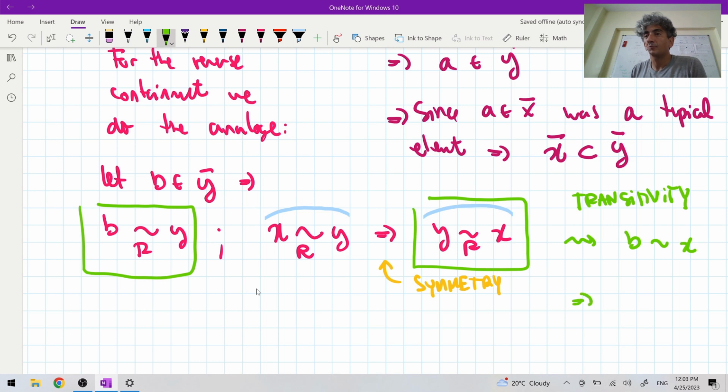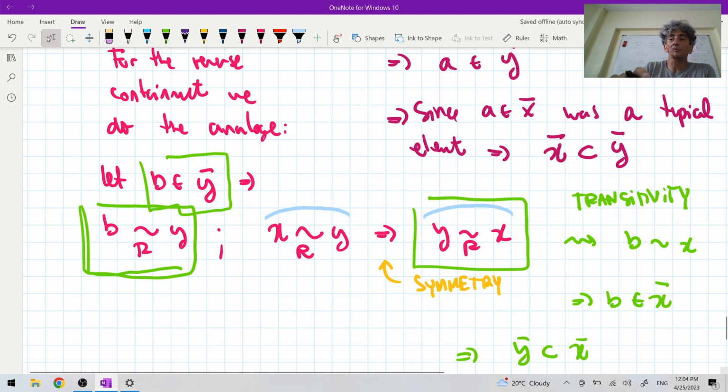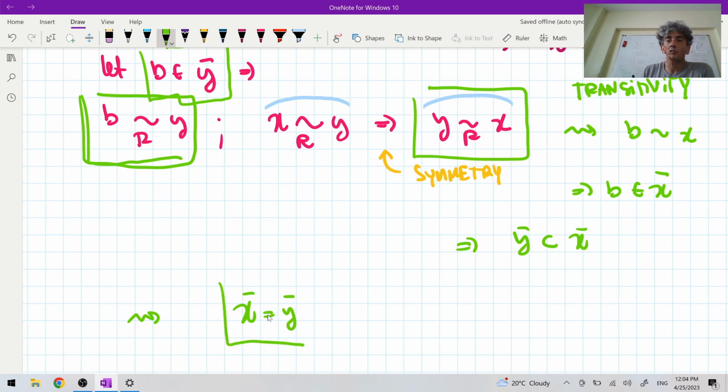So this is that B belongs to the class of X, and since B was a typical element of the class of Y, then what we have is that the class of Y is contained in the class of X. So the double containment actually means that the classes are the same. They share all their elements.